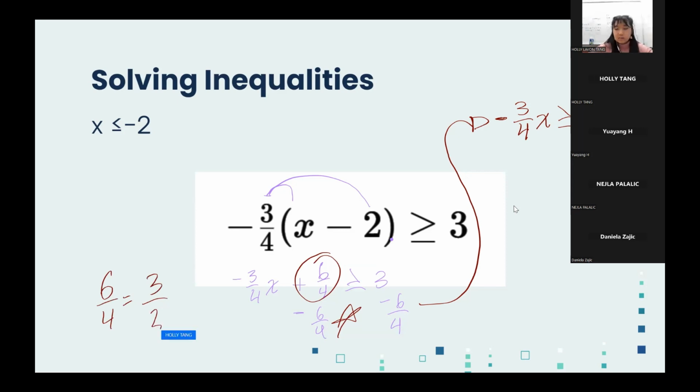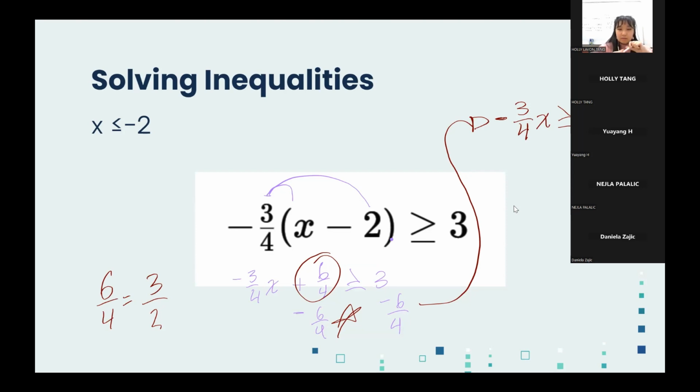Because I want to get rid of the 6/4 to get x by itself. So I subtracted both sides by 6/4, which is the same as subtracting 1.5. So then when we have 3 minus 1.5, we get 1.5. Does that make sense?